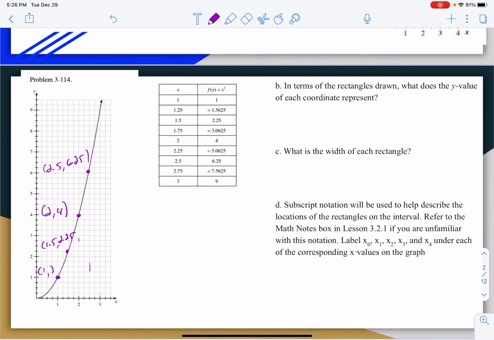So we can make rectangles from those key points. So in each of these rectangles, the y represents the height of the rectangle.